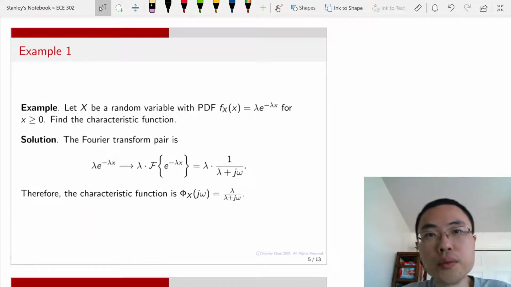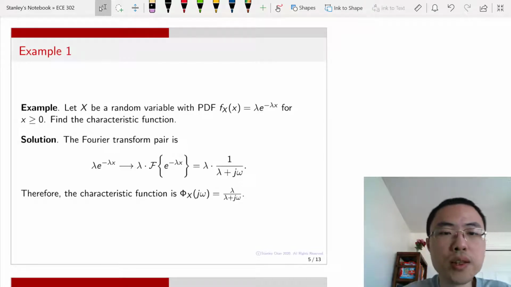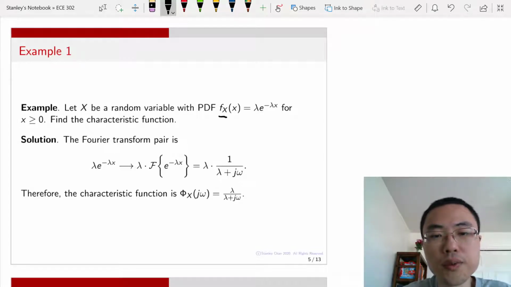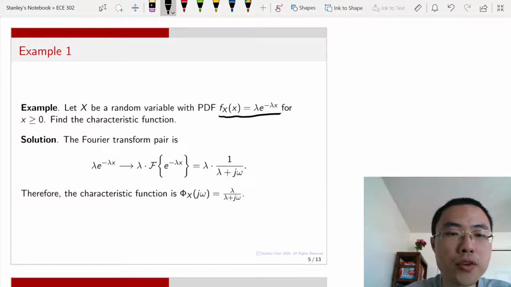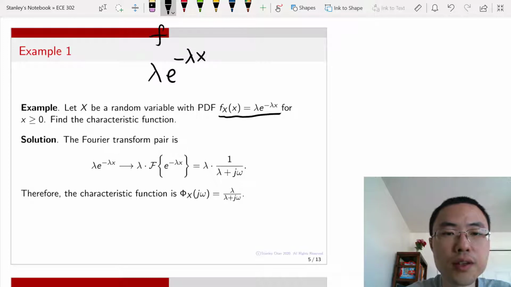To start with, let me talk about this example where you have a random variable x defined with this PDF, and you want to find the characteristic function of this PDF. So we can start with this PDF. This is lambda e to the minus lambda x. This is your fx.